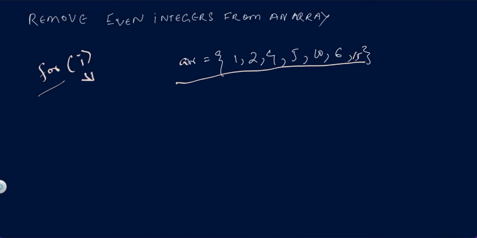To access any integer of an array, we can use this syntax: arr[i], where arr is the name of the array variable and i is the index of the array. Using this syntax, we access each element of an array, or at a particular index we can access the element.